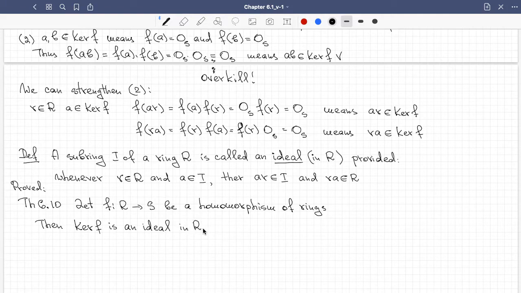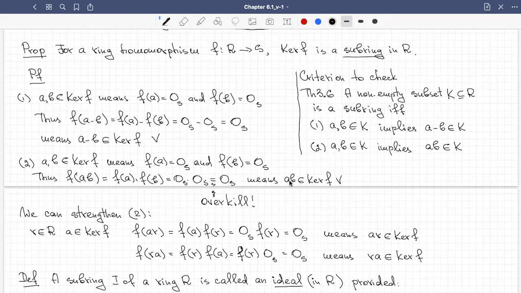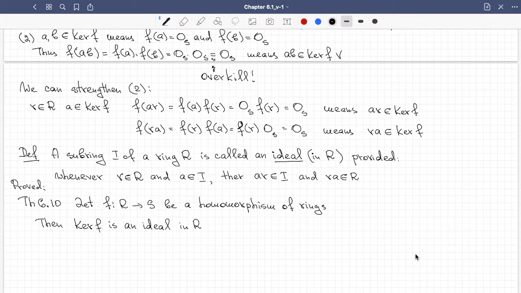Again, ideal by definition is a subring with extra property. We proved it is a subring in the proposition here, checked with the criterion, and we proved that it has an extra property. One typically calls this extra property absorption property.